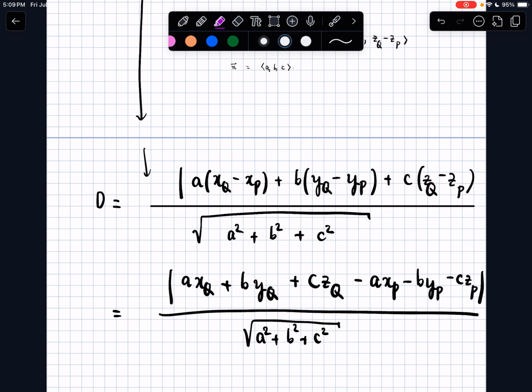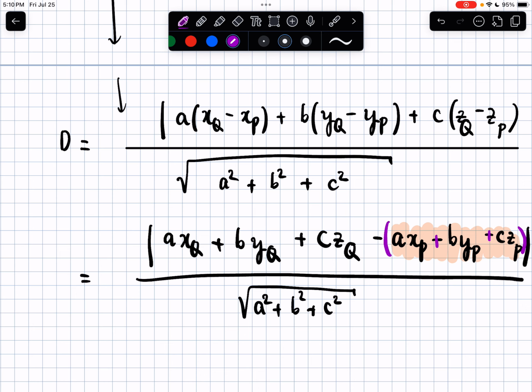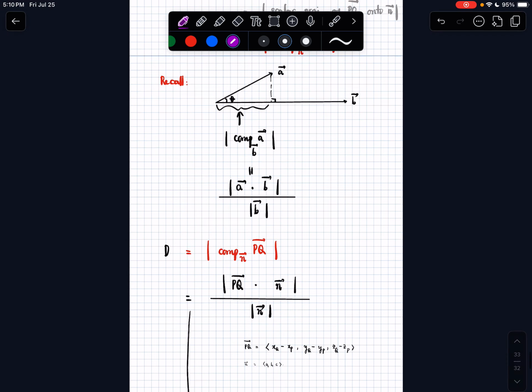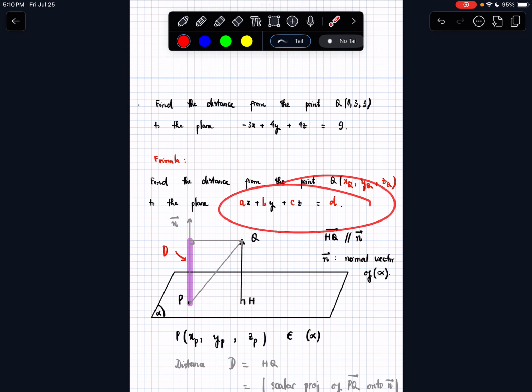Note that this one we can write as minus (a xp plus b yp plus c zp), and a xp plus b yp plus c zp equals d, because P belongs to this plane.